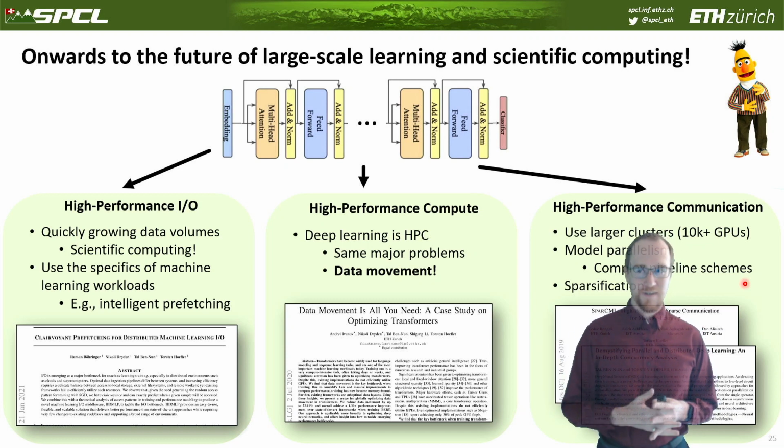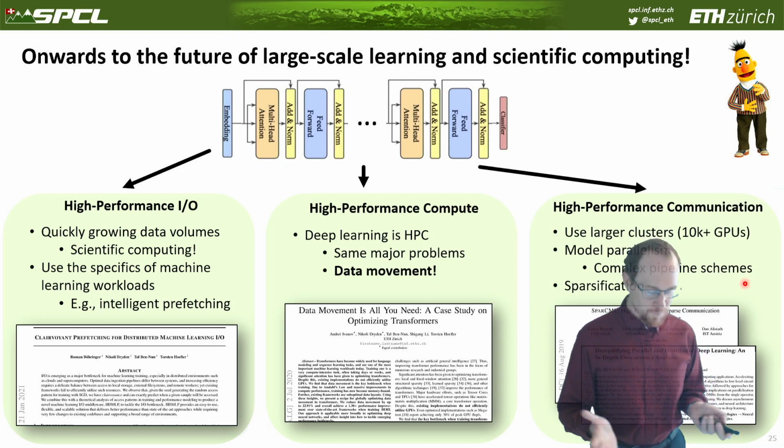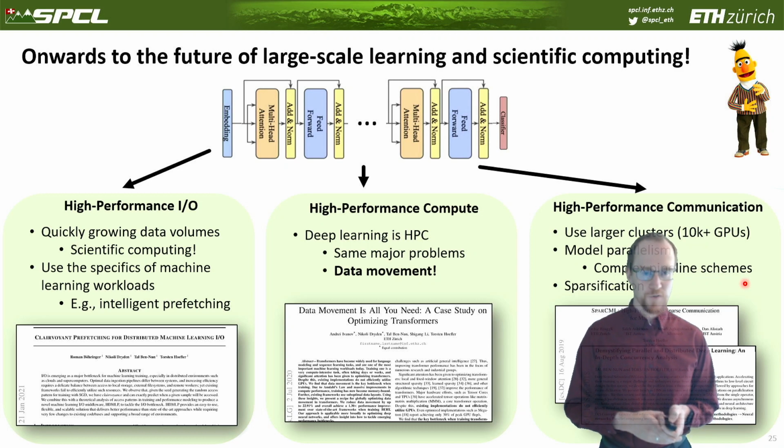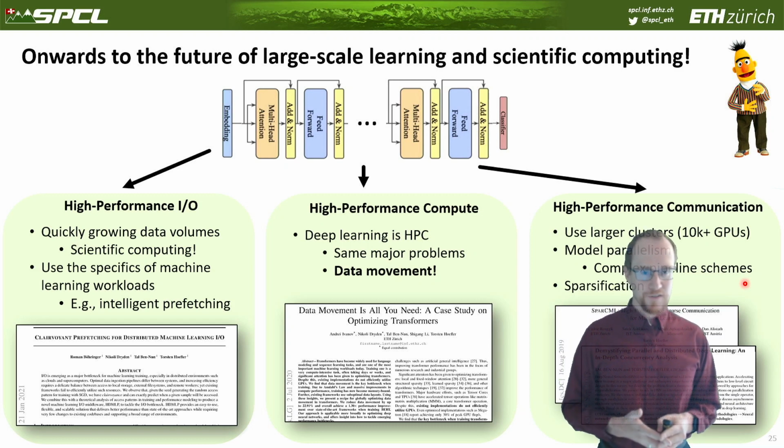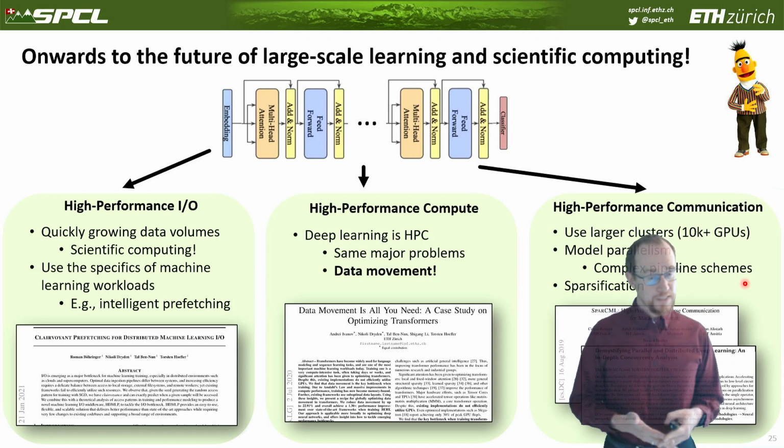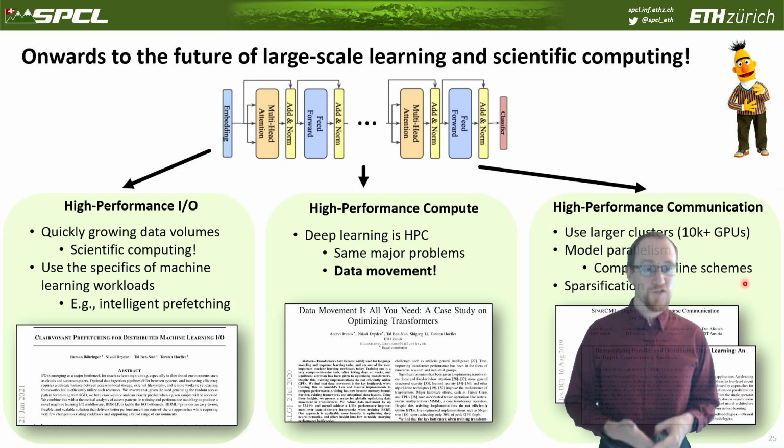The second trick, in terms of high-performance compute, is that we see deep learning as a high-performance computing problem. We optimize the data movement of that problem like we would in any HPC setting, but it's quite a bit simpler than in many HPC settings, because these networks are usually fixed, so-called oblivious programs. It means that the input to the network does not change the computation at all.